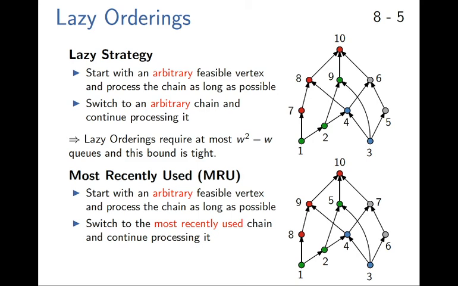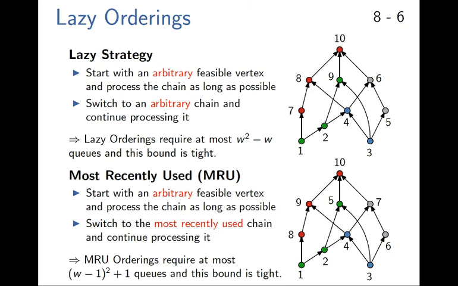So you always try to switch back to the most recently used chain. And it turned out that this one behaves a bit better. So when you compare it to lazy, you can save a few queues, but it is not much. So W minus 1 squared plus 1 is about W better than this one.